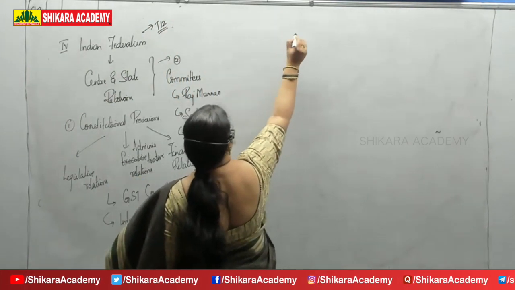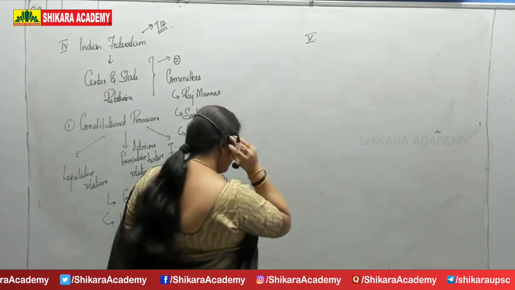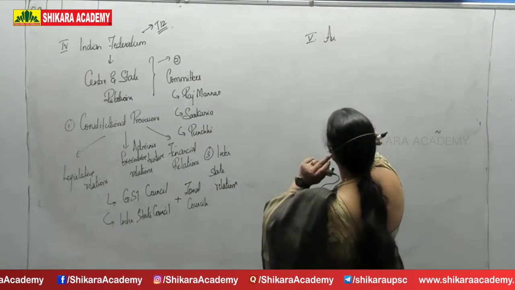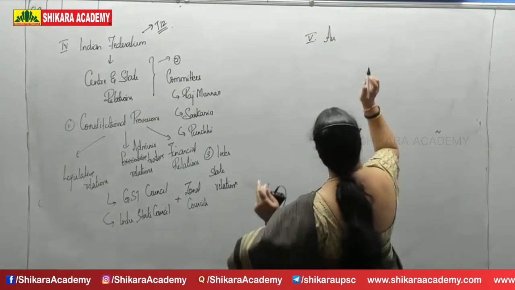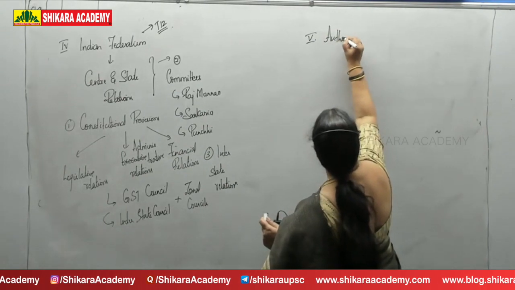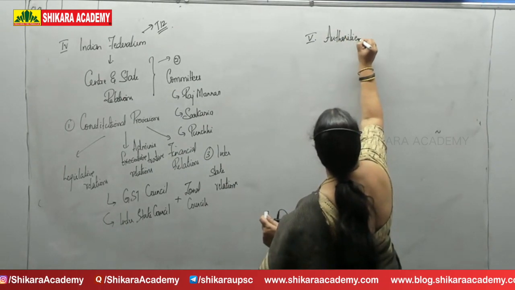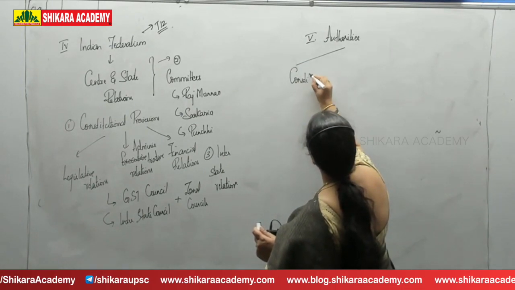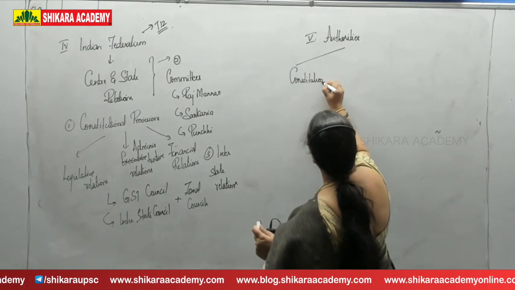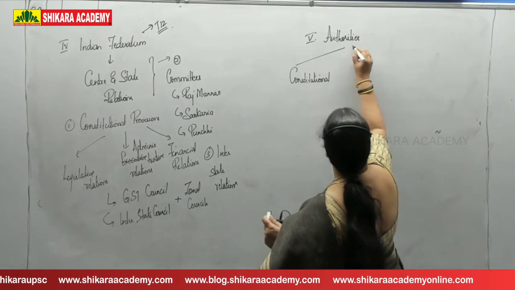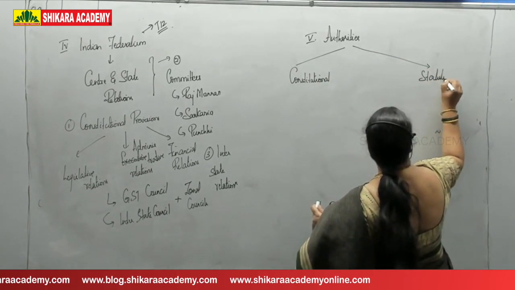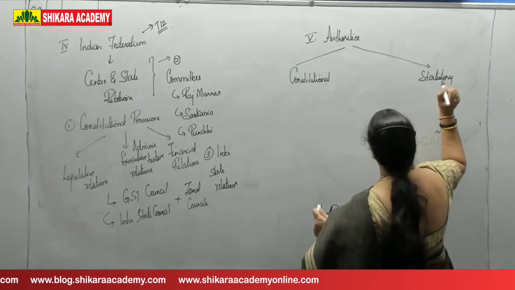After we finish this, the next topic will be the various authorities in government apart from executive, legislature, judiciary. Okay. These authorities are called constitutional bodies. I'm sure you must have heard of this term constitutional bodies, statutory bodies.